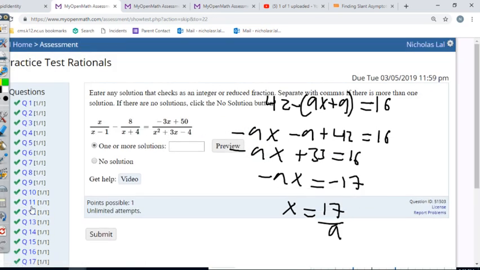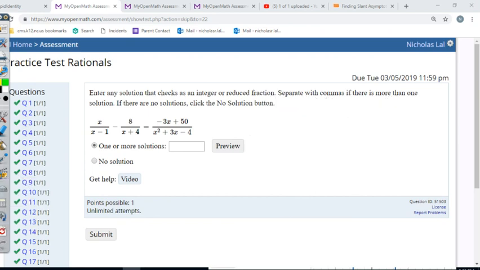Question 23. x over x minus 1 minus 8 over x plus 4 is equal to negative 3x plus 50 over x squared plus 3x minus 4. Get a common denominator.